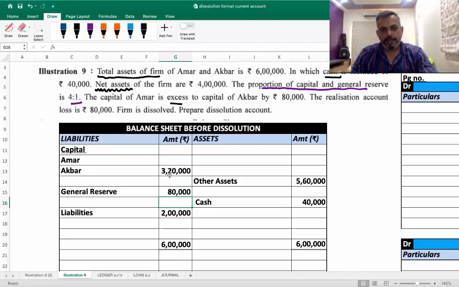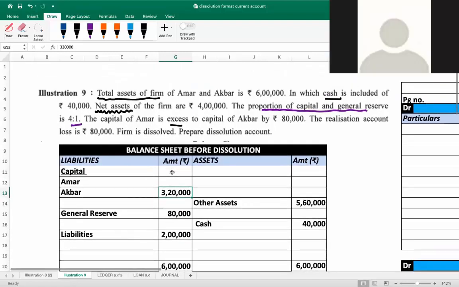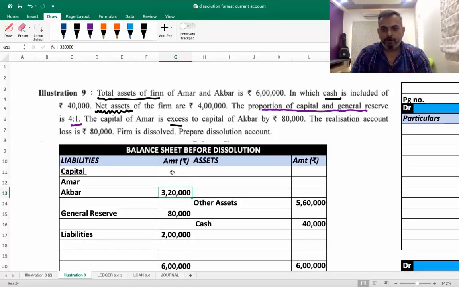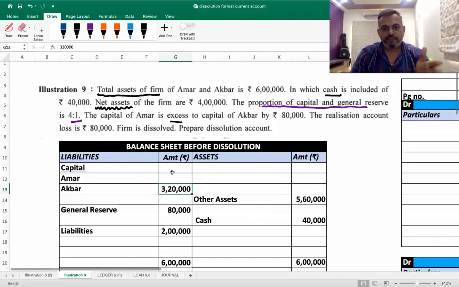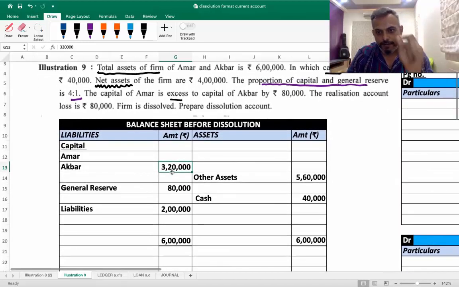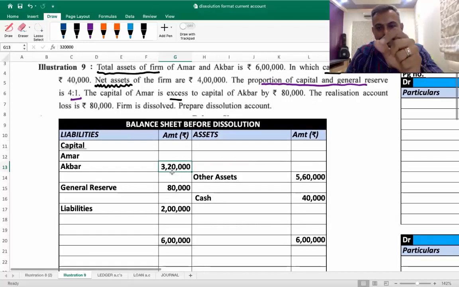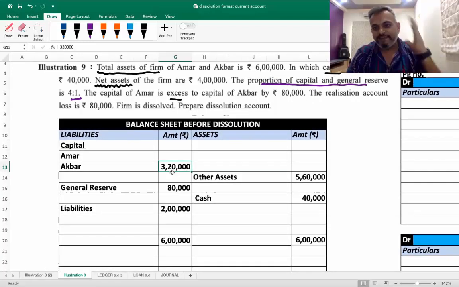Now reserve has come, total capital has come, but individually how much capital they are bringing, that is what we have to find. So capital of Amar is in excess of capital of Akbar by 80,000. That is, Amar's capital is 80,000 rupees more than Akbar's capital.